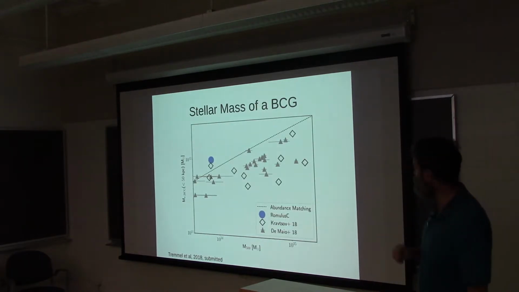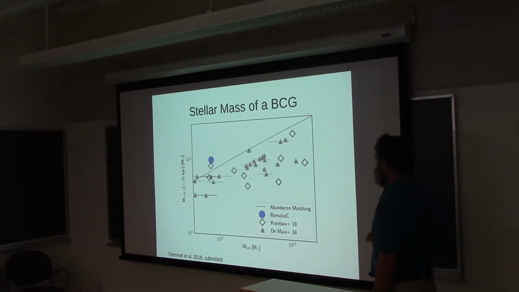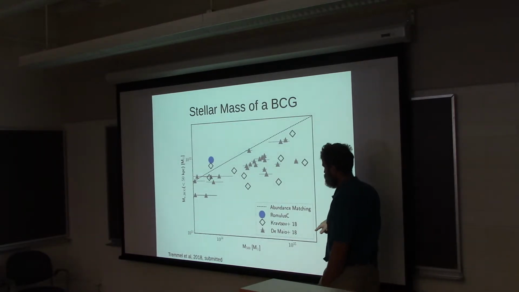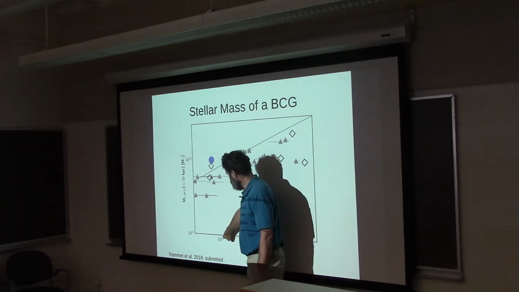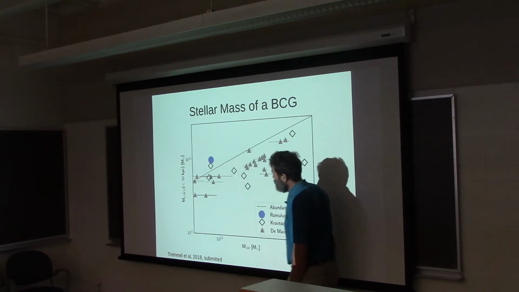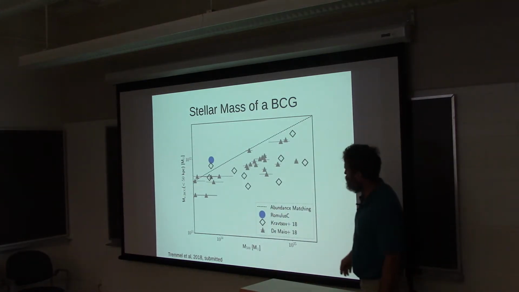And for the cluster, we've gone up to, right, the central galaxy of that cluster sits in 10^14 solar masses, and a little less than 10^12 solar masses in stars.